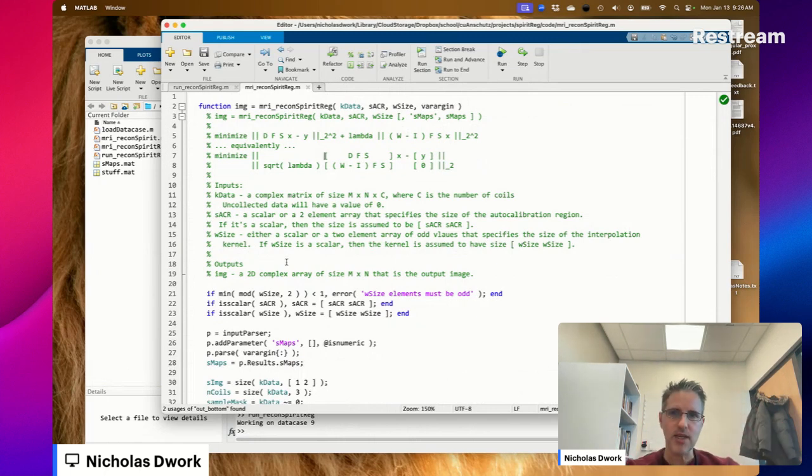Okay. I forgot to include this lambda in the A matrix. And on top of that, I forgot to actually include lambda.